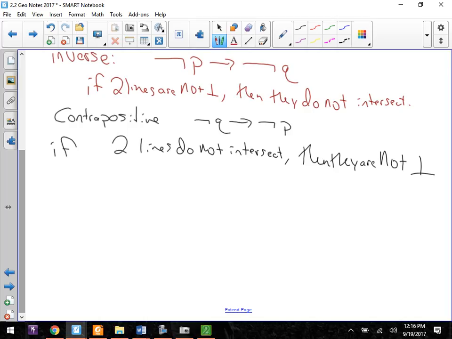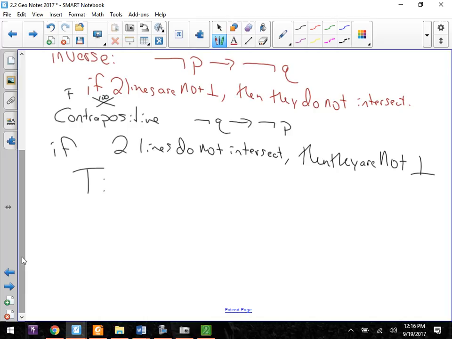Is that true or false? It's true. Because if two lines don't intersect, what will they be? Parallel. Will parallel lines ever be perpendicular to each other? No. This case is a true statement.